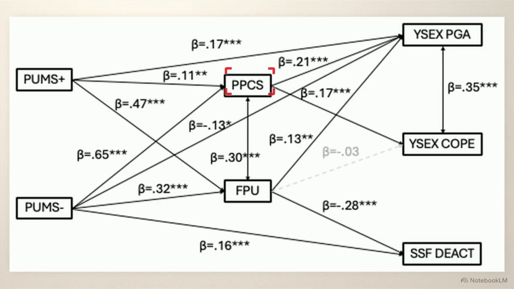The problematic use node, or PPCS, acts as the primary mediator here. The PPCS is a diagnostic tool that assesses the severity of dysregulated use based on criteria like mood modification and loss of control. Problematic use transmits these distress-driven impulses into sex as coping with a weight of 0.21.